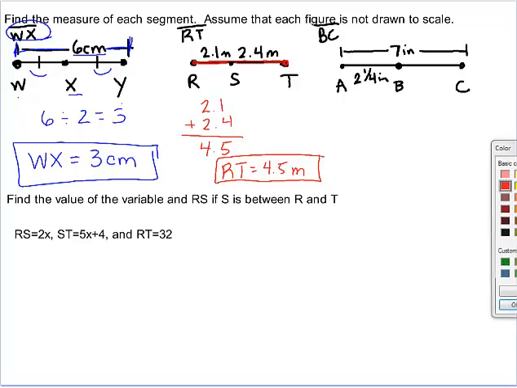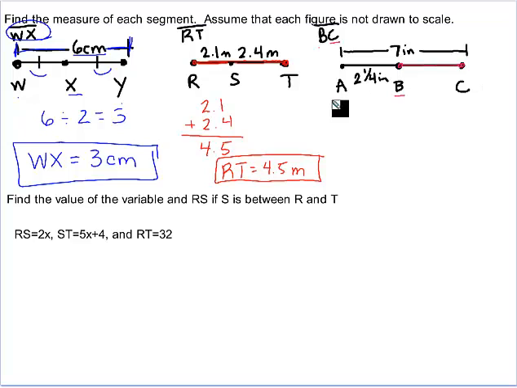And our third example here is BC. Here I want to find from B to C, so that's only one part of this diagram. Notice that B is in between A and C. We know A to C is 7 inches, and we know A to B is 2 1/4 inches. We know the total distance is 7, and we know one piece of it is 2 1/4, so we would have to subtract these.